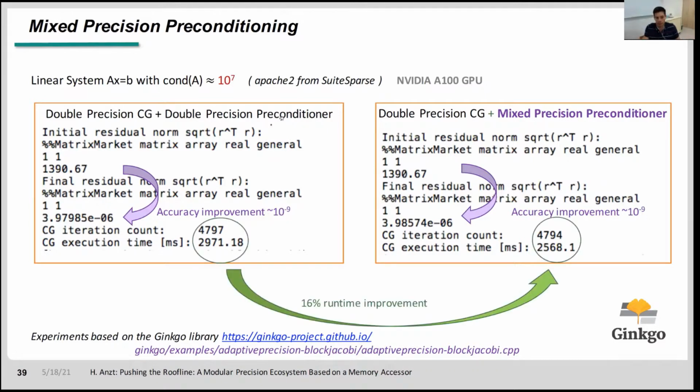And if I look at the runtime, I'm actually roughly 15% faster. And that is because the access time to the preconditioner is faster. Nicely, this is integrated into Ginkgo, and you don't even have to analyze the diagonal blocks by hand. This is all done automatically.